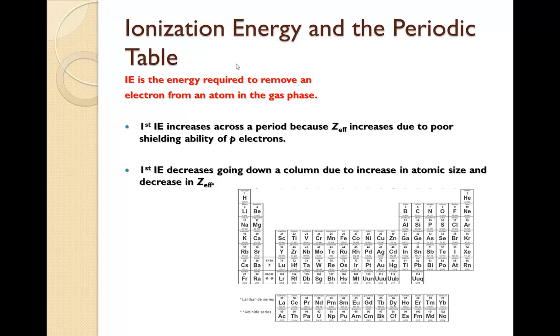So here's the periodic table. Let's take what we just said and put it in a more visual form, something that you can use on a daily basis. We stated that the ionization energy increases from left to right, and it decreases as you go down.